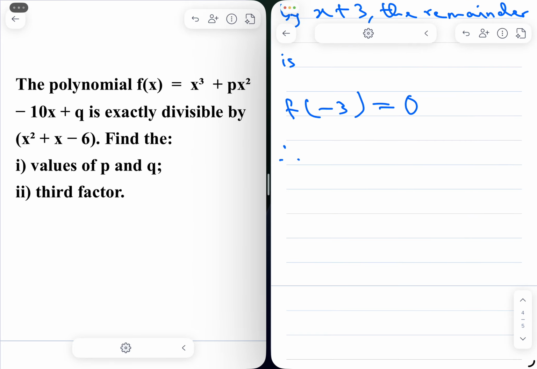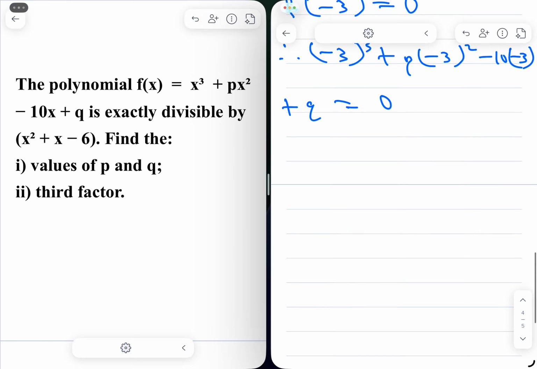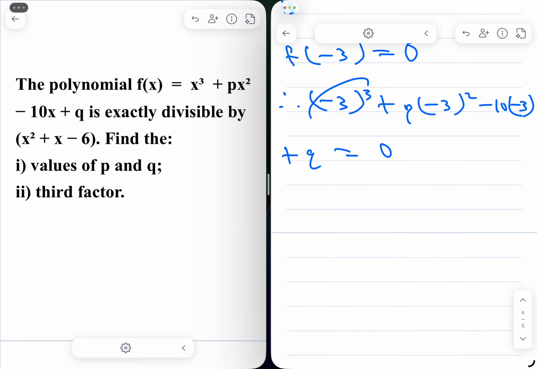And that therefore means f of x is x cubed plus px squared minus 10x plus q. That simply means the cube of minus 3 plus p times minus 3 squared minus 10 times minus 3 plus q equals 0. The cube of minus 3 is minus 27.